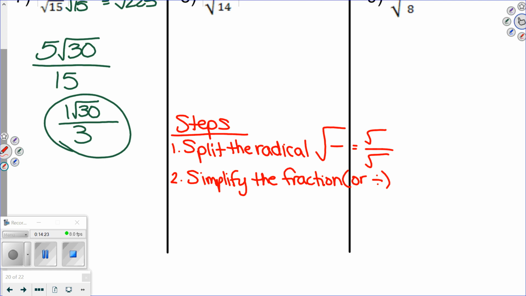Okay, so after you've simplified everything you can, then you want to try to do factor trees on your radicals, looking for pairs, right? Trying to simplify those.